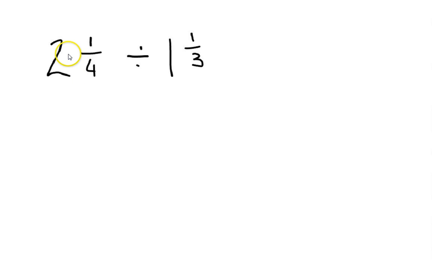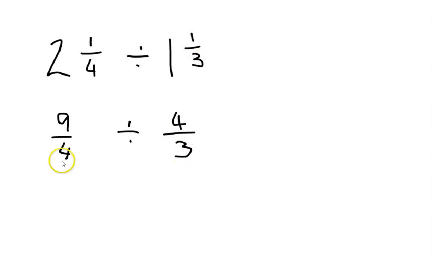So this one, 2 1/4, obviously becomes 9/4. 2 times 4 is 8, plus 1 is 9. And this one here becomes 4/3. 1 times 3 is 3, plus 1 is 4, and the 3 stays the same.